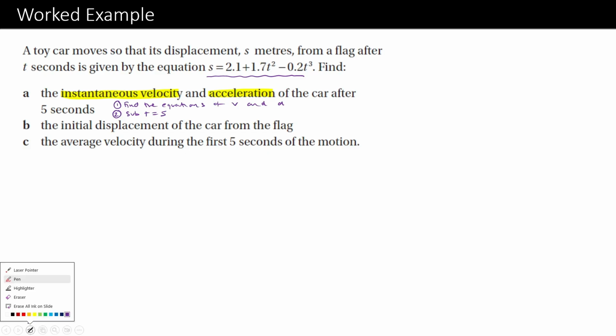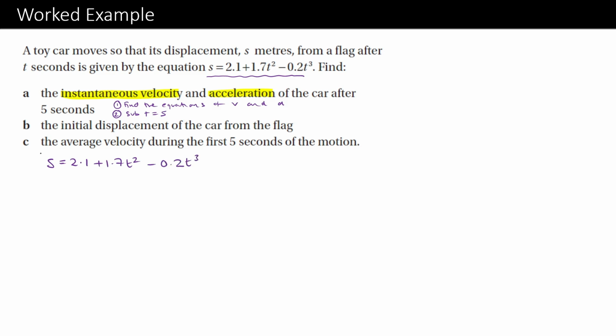Now, one thing that I always like to do in these questions is write the equation and all the important information, just so it's a lot closer to what I'm actually working with. So here we've got the formula of s equals 2.1 plus 1.7 t squared minus 0.2 t cubed. And I'm just going to put a little box around that in case I need it for future questions, because a lot of the working out that we do is going to seem very, very similar and I don't want it to get lost.